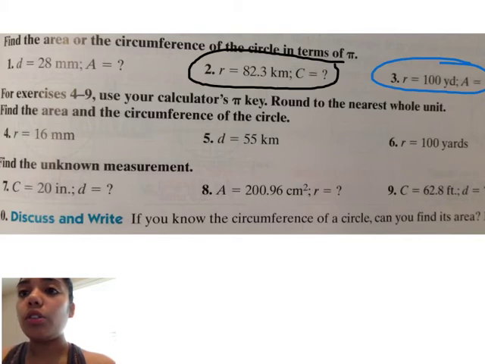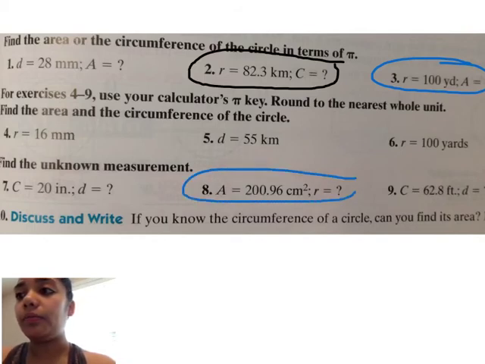And I also want you to do number 8. So I'm going to do number 2. Number 8 is like the example that I did just a minute ago. And then number 3 is going to be like the example I'm about to do with you, number 2.